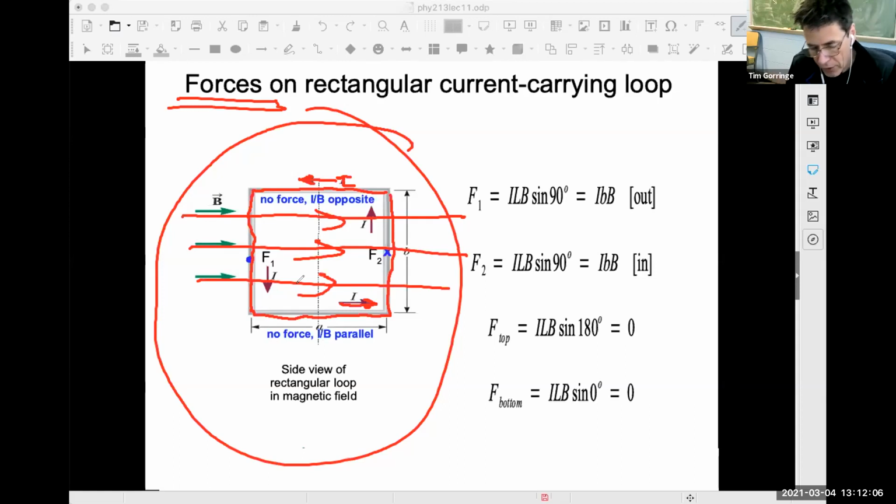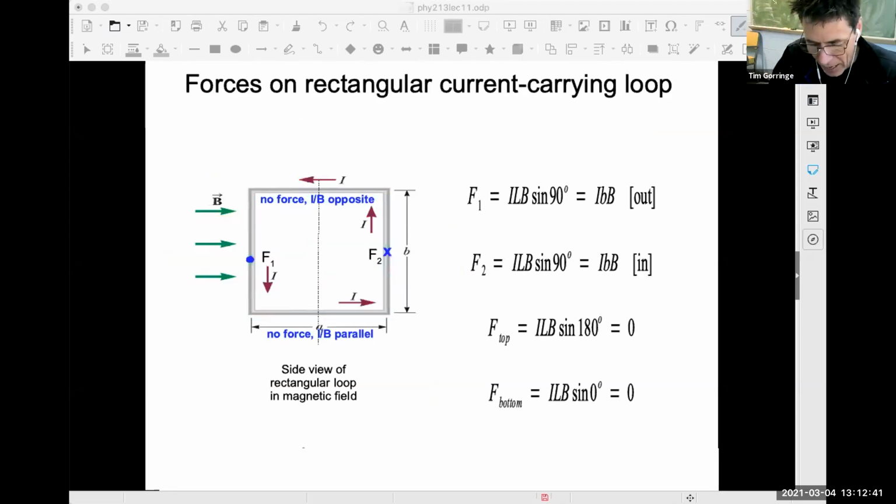Now we've got a current loop in a uniform magnetic field, but let's remember the problem we just solved of straight current carrying wires in a magnetic field, because this current loop is nothing other than 4 straight current carrying wires in a magnetic field. 2 of the wires are horizontal in my sketch, 2 of the wires are vertical, but they are just straight current carrying wires.